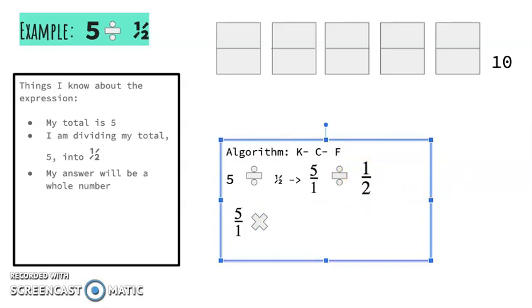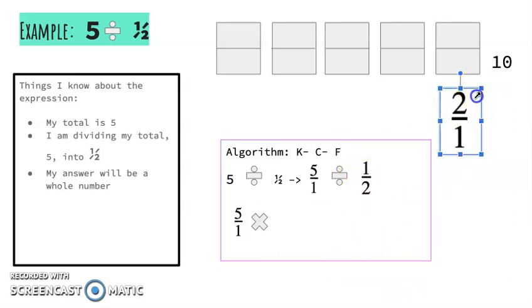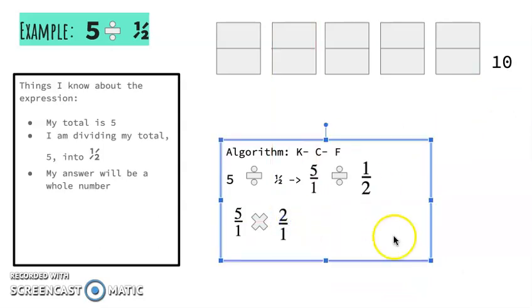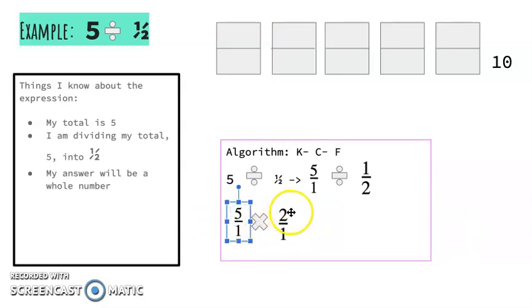So it's going to become 2 over 1. So now I'm just going to multiply across. So 5 times 2 gives me 10.